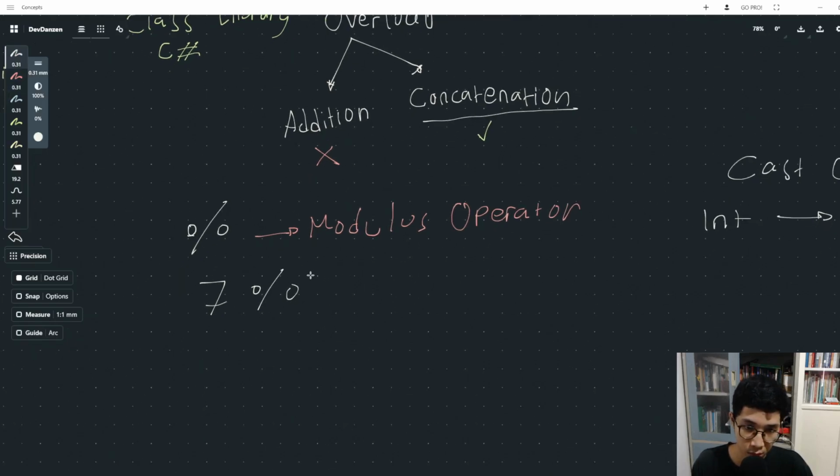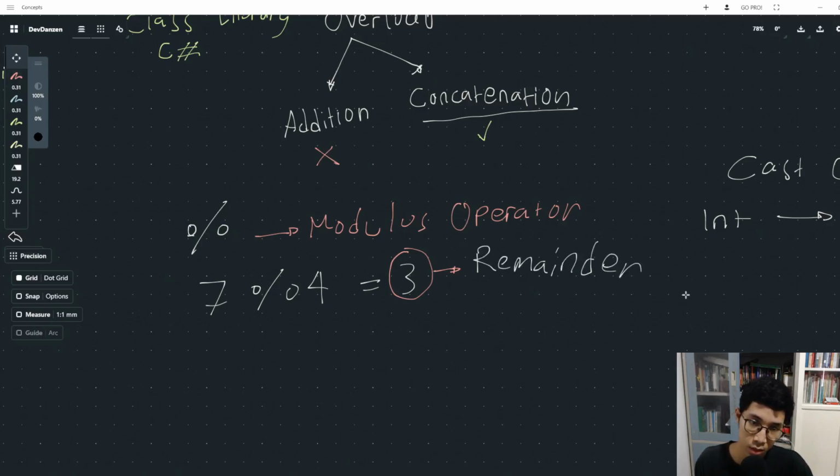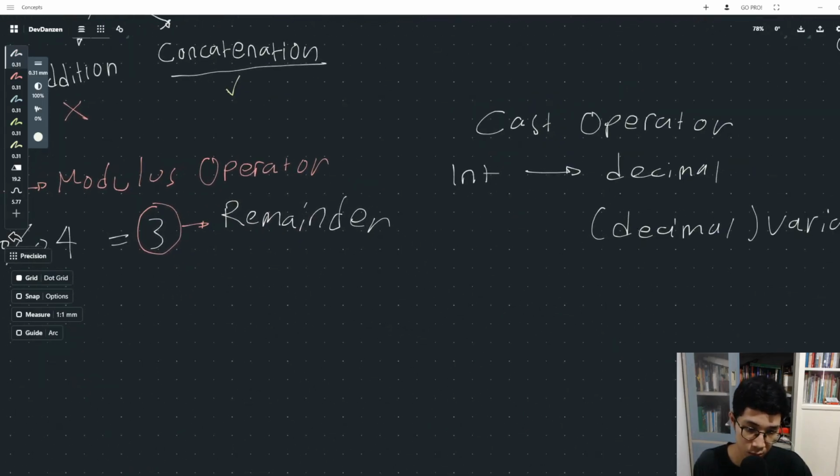The remainder of 7 divided by 4 is equal to 3, so this one is called the remainder.